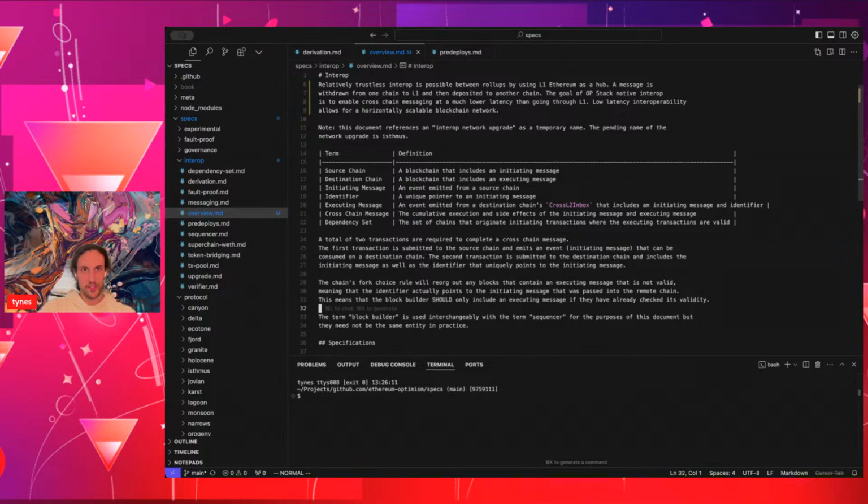All right, so we fixed up the intro. Let's see, a total of 2 transactions are required to complete a cross-chain message. The first transaction is submitted to the source chain and emits an event.